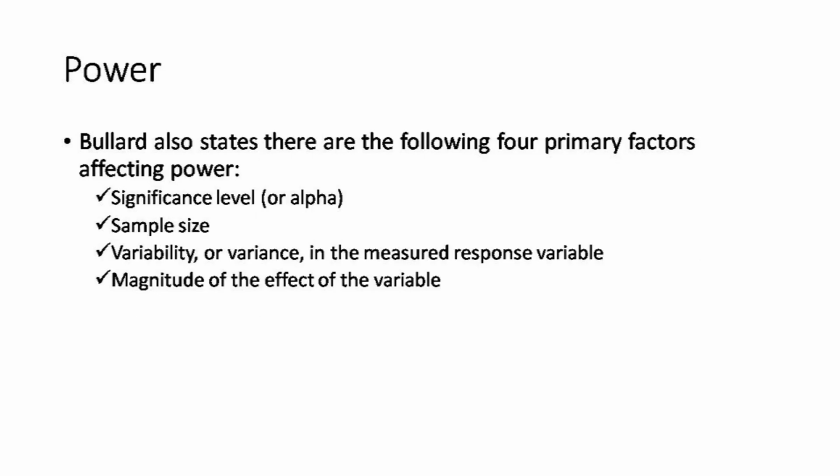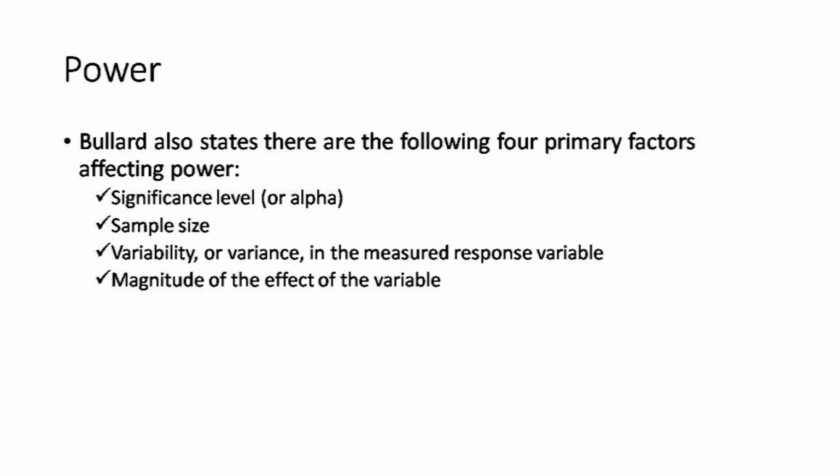Bullard, who gave these multiple definitions of power, also states that there are four primary factors that affect the power. The very first is the level of significance. Second is sample size. Third is variability or variance in the measured response variable.